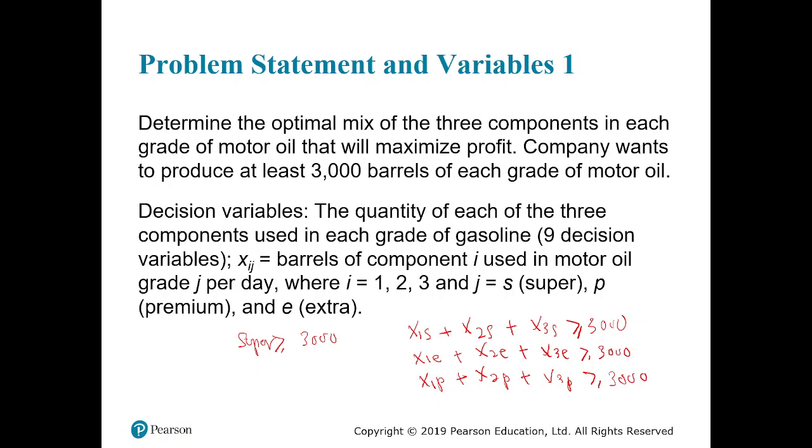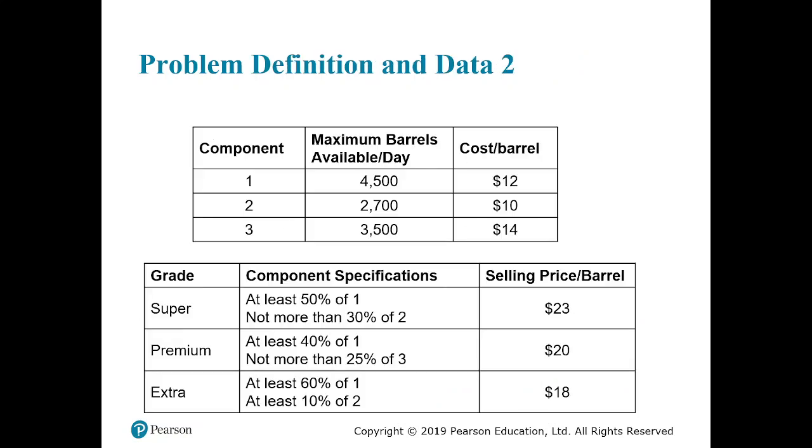Now some of you may ask, how sure are you that we are going to use all 3 components for each of these motor oils, for super, extra, and premium? If we look at this, we know definitely that super must have component 1. For component 2, we are not really sure, because it says no more than 30% of component 2.